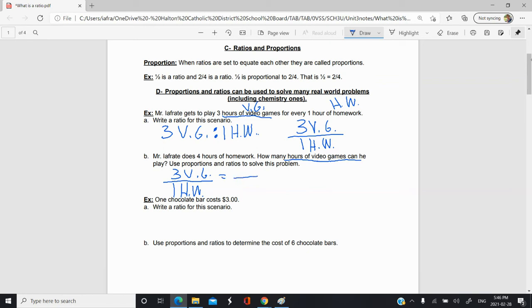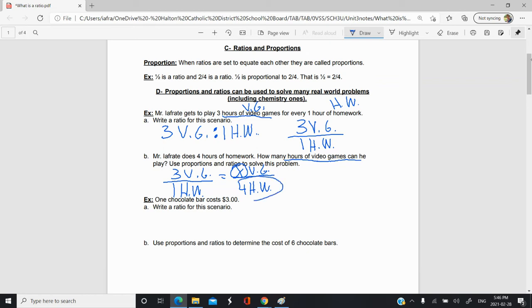The actual scenario is that I did 4 homework hours. And so if I did 4 homework hours, what's my value going to be up here? How many video game hours, X VG, how many video game hours do I get to play? This X is what I'm looking for. So I really just need to solve for this variable. And so what you can do is essentially just cross multiply.